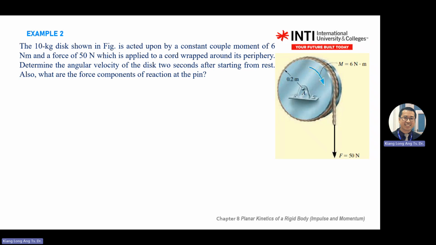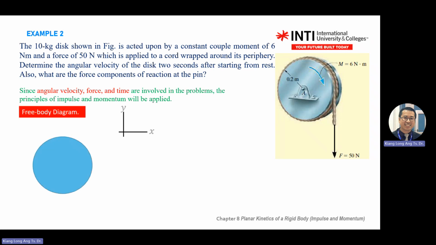Starting from rest. What is the force component reaction at pin A? Remember, it asks you the reaction at the pin, so at A you have Ax and Ay. Since you need to find angular velocity omega, with force and time, you are applying the principle of impulse and momentum.